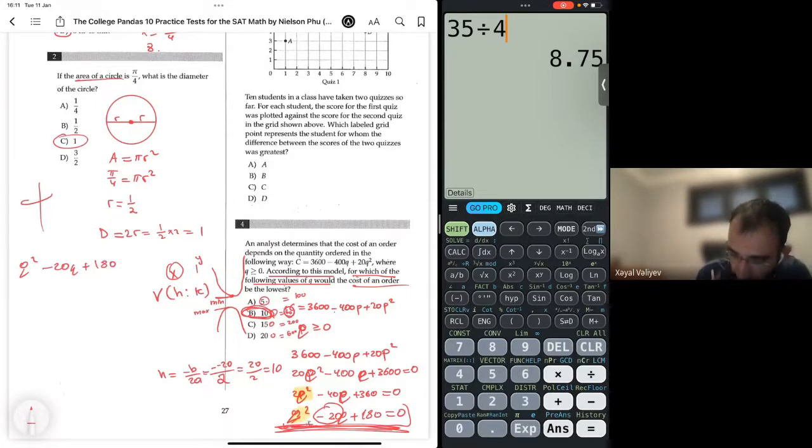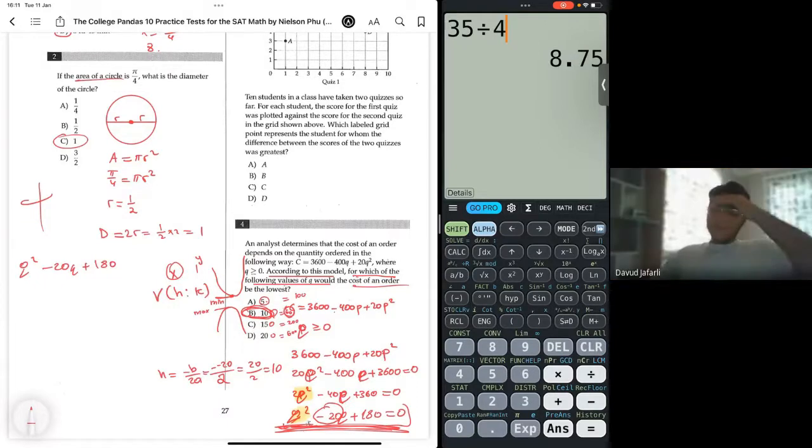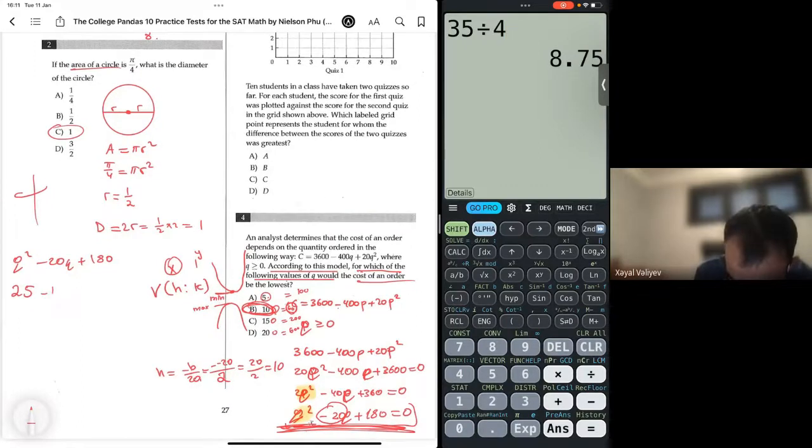We are saying that at 10 it's going to get the minimum value, smaller than the value at 5. At 5: 25 minus 100 plus 180. Calculate this, as well as 100 minus 200 plus 180.